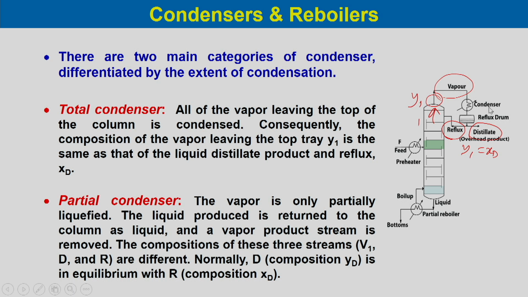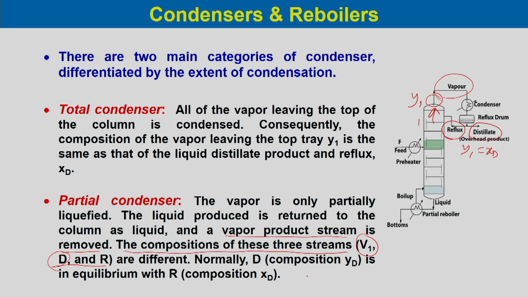In the reflux drum you will have a vapor component and a liquid component, and then the vapor product stream is removed, and the compositions of the streams, that is V1, D and R, are different. So, the vapor which is coming here has a composition over here, and the distillate you are taking here and the reflux you are giving are of different compositions.